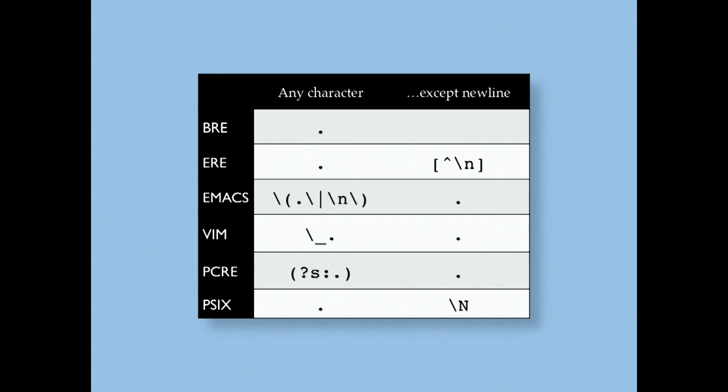And this dichotomy comes from the early use of regular expressions in tools like awk and grep and sed, which were intrinsically line-based. And because they were intrinsically line-based, then it didn't make sense for dot to match a new line, because within these tools there were no new lines because we were operating on single lines at a time.